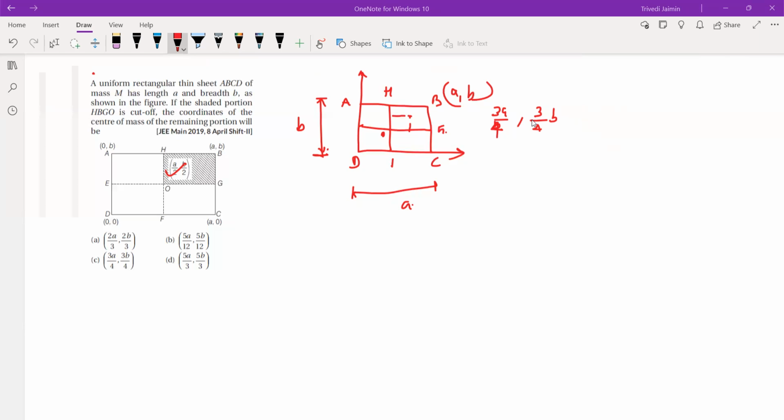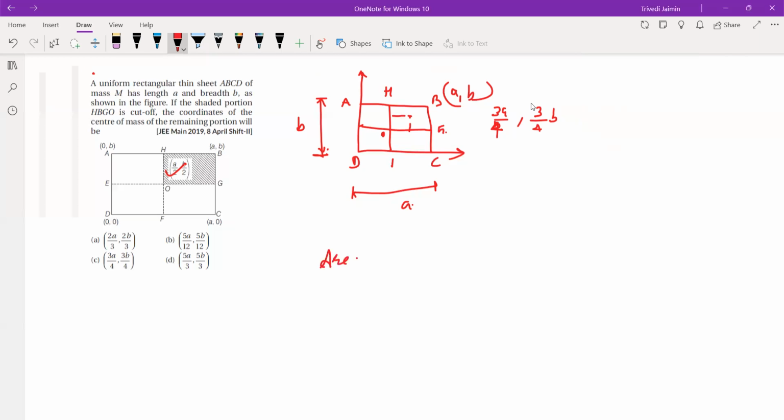So first what we'll do? First we'll find area of that whole lamina. That is A into B. And shaded portion, center will be A by 2 and B by 2. Right. Let me write it. I'll forget. Let me write this.